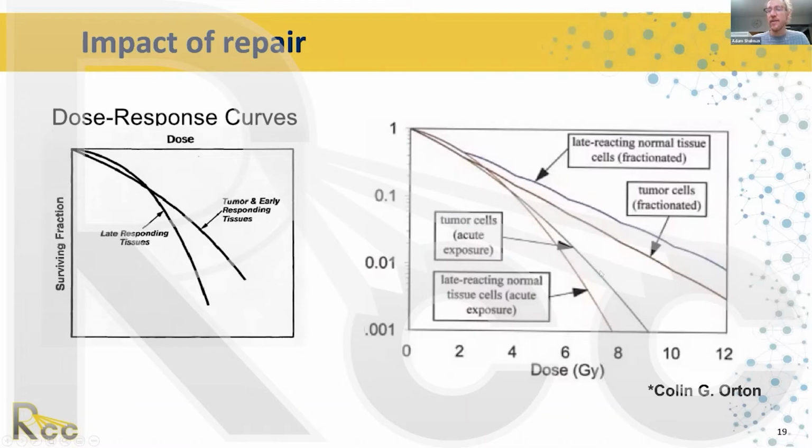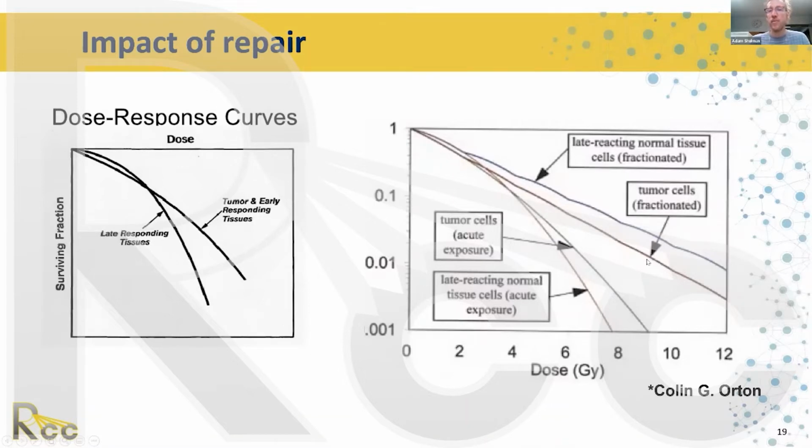So in the end, it doesn't really matter too much, the whole single strand break, double strand break. In the end, all we want to see is that through fractionation, healthy tissues have a greater survival than tumor cell tissues.